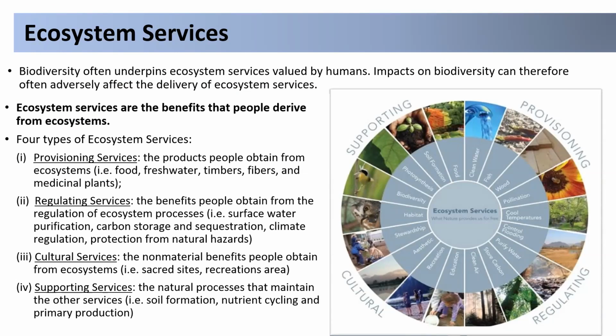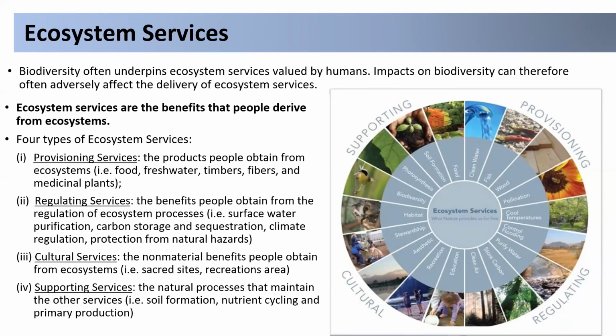And we usually distinguish 4 types of ecosystem services. One is the provisioning services. For example, those are the products that people obtain from the ecosystem, like you get water from the ecosystem, you get fish from the oceans, etc. So all this is your provisioning ecosystem services.